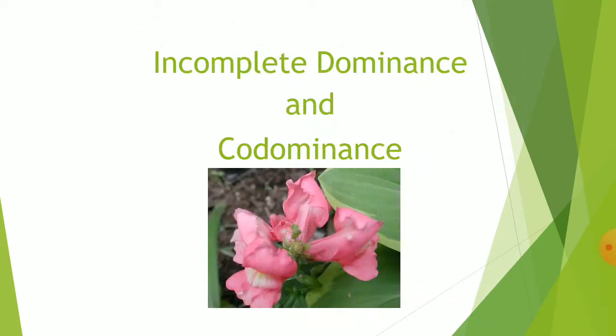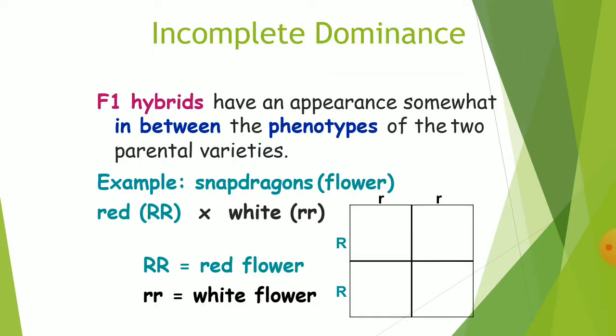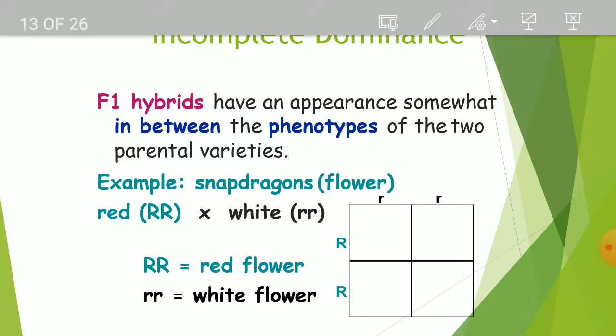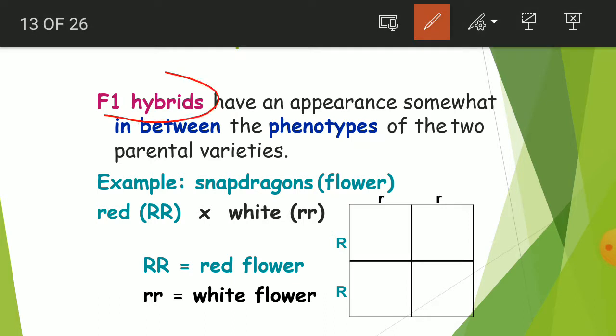Incomplete dominance and codominance. In incomplete dominance, a hybrid has an appearance somewhat in between the phenotypes of the two parental varieties, meaning the characters are intermediate between the two parents.